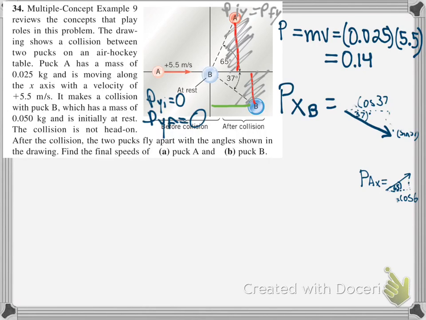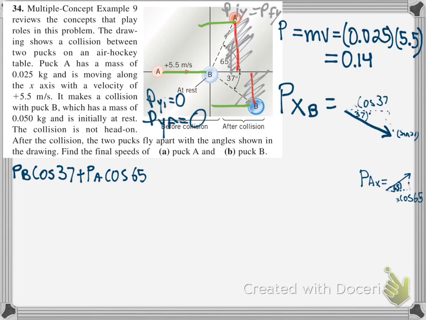Also, because of the conservation of momentum, the x's are going to be equal. They're not going to cancel out, but the x momentum of A and the x momentum of B are going to equal the original x momentum of puck A, which, as we solved for a little bit earlier, was 0.14 newton seconds.